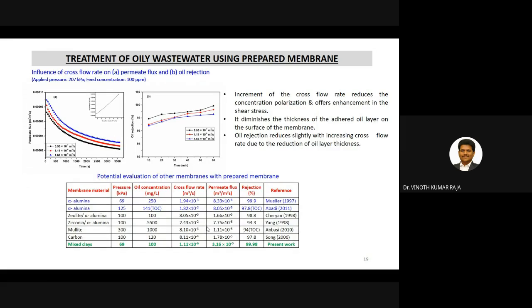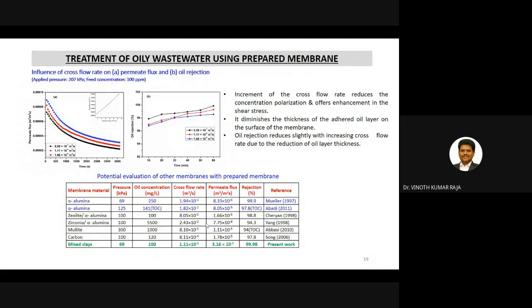Also we have studied the cross flow rate, which is one of the important parameters. Here we represent permeate flux plots with respect to time for different cross flow rates. The permeate flux of the membrane enhances with increasing cross flow rate. This used to be the behavior. This can be understood as an increment of cross flow rate reduces the concentration polarization.